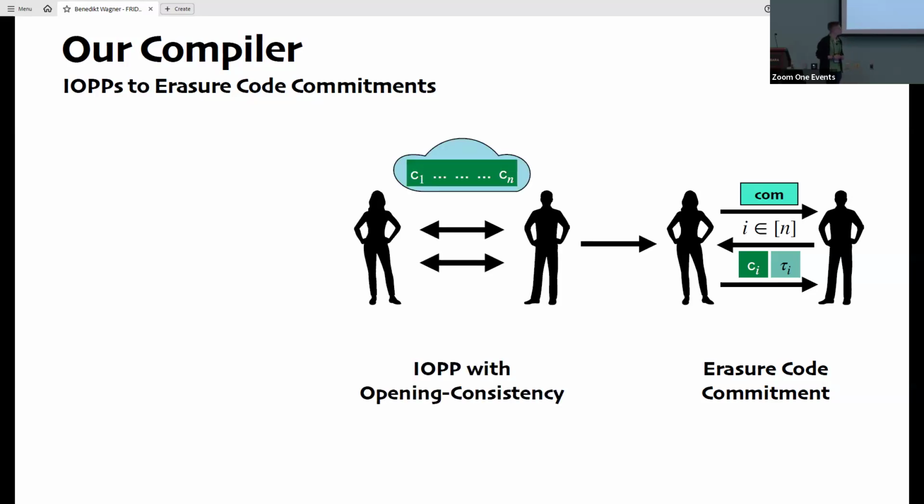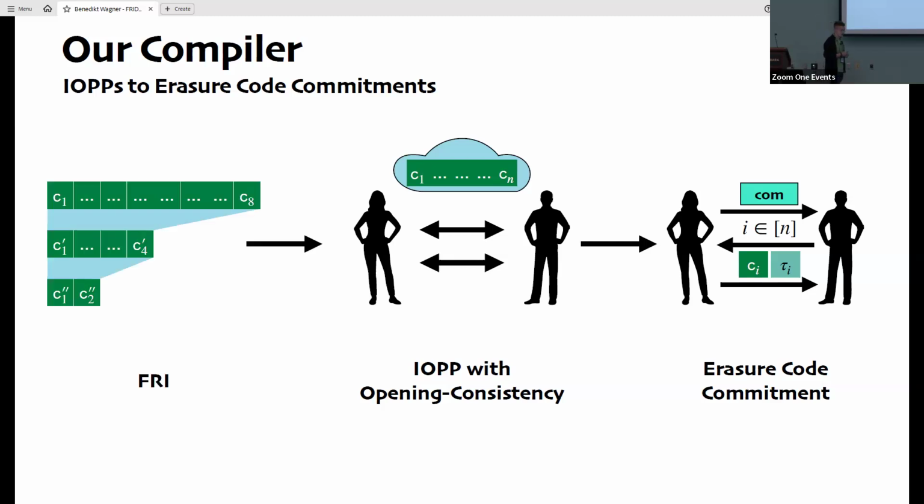Now, what we do is we define a new property of IOPPs that we called opening consistency. And very, very roughly, it says you cannot open these red positions. Okay, and then we showed via some efficient compiler in the random oracle model that IOPPs with opening consistency imply erasure code commitments. And then in the main part of our paper, we give an analysis that shows that the Frye IOPP, without any change, has this opening consistency notion.